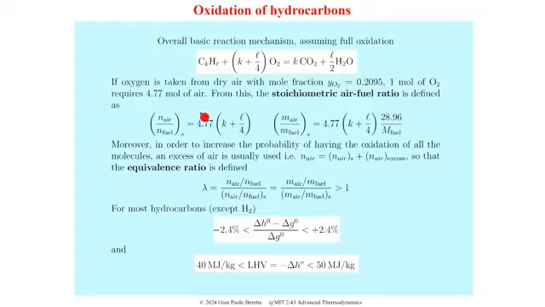And therefore, the stoichiometric amount that you need, since for 1 mole of the fuel you need K plus L over 4 molecules of oxygen, means 4.77 times this of air. So this gives the stoichiometric air-fuel ratio.